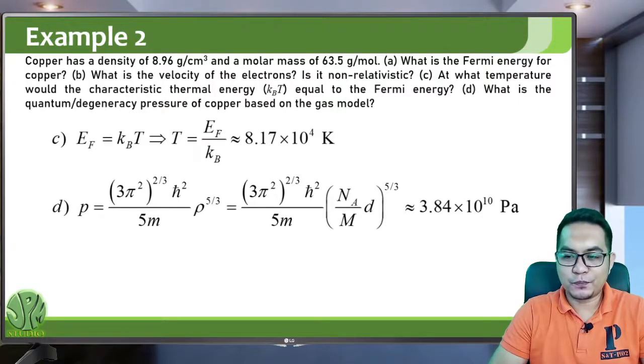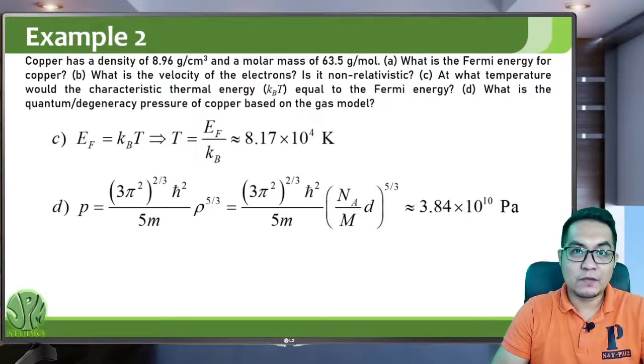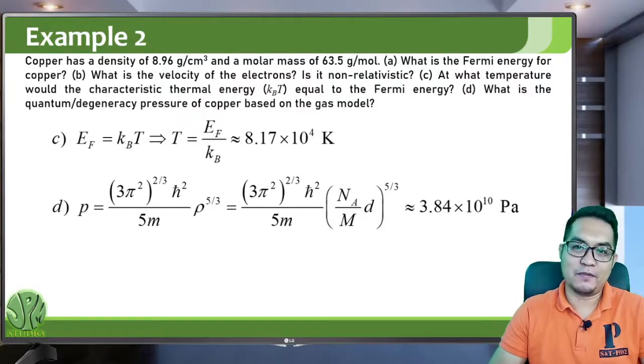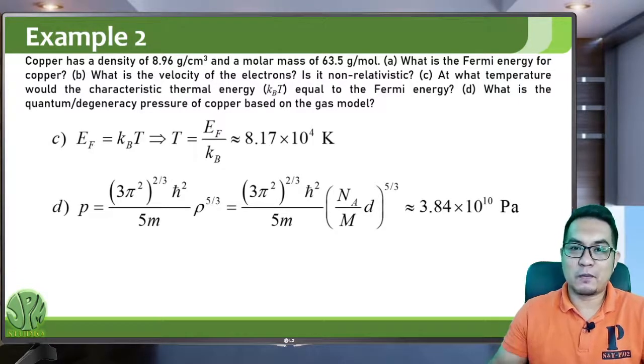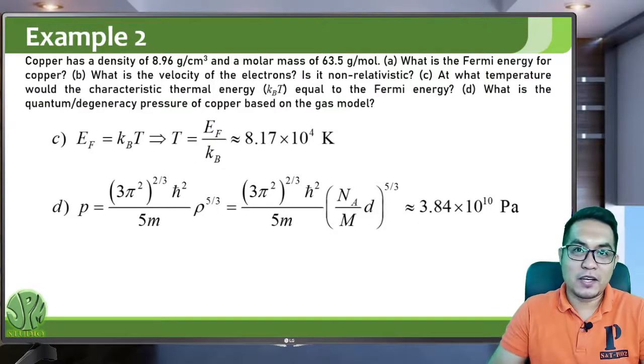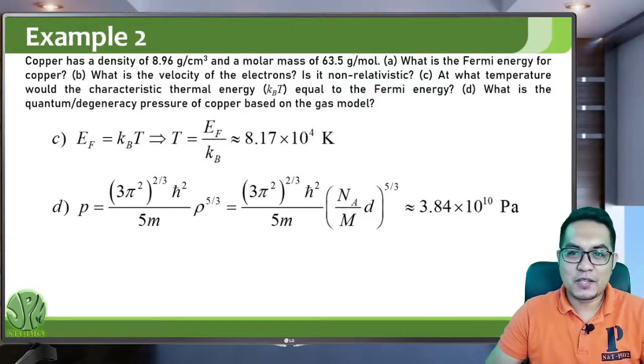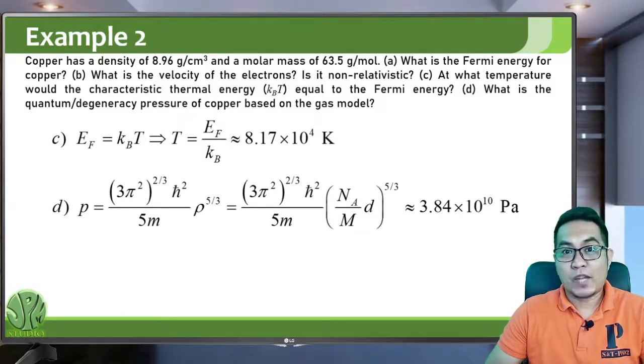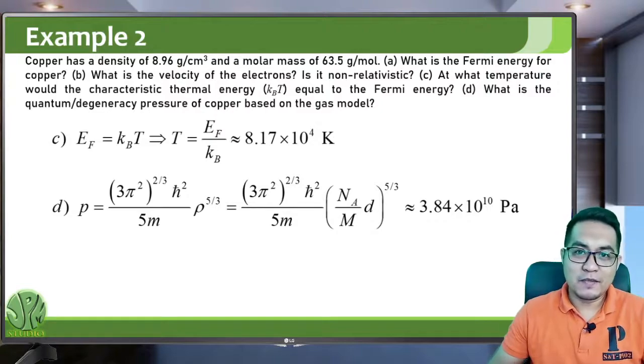If you recall, 1 atmospheric pressure is just about 10 to the 5 Pascal. So this is about 10,000 times stronger than atmospheric pressure. Atmospheric pressure cannot compress a solid, because the internal stabilizing pressure is 10,000 times stronger than atmospheric pressure.